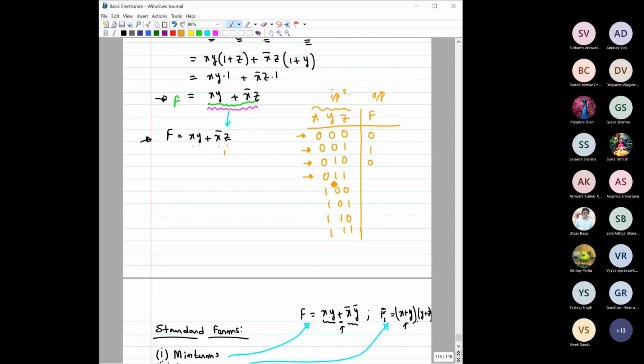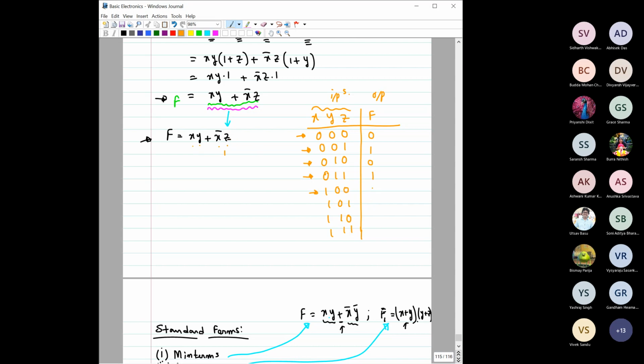The fourth one, 0, 1, 1. So x is 0, then we should not see the value of y, because definitely this term is 0. What about the next term? x is 0, so x bar becomes 1. What about z? z is 1. So this output becomes 1. Then see the sixth term, 1, 0, 0. x is 1, but y is 0, so this is 0. x is 1, so x bar becomes 0, and you should not see the value of z.